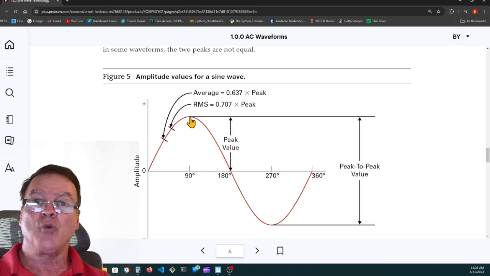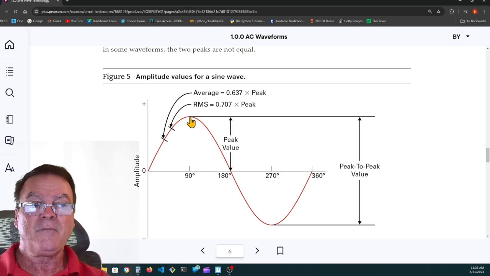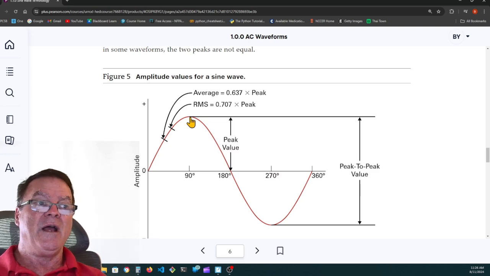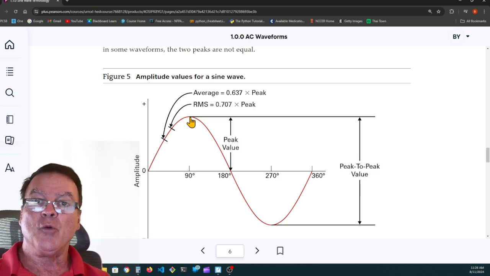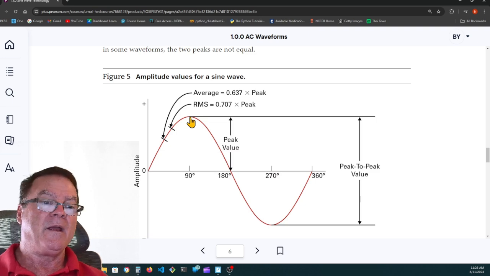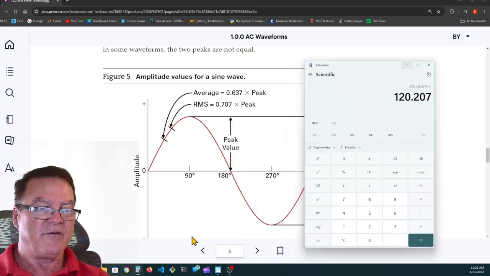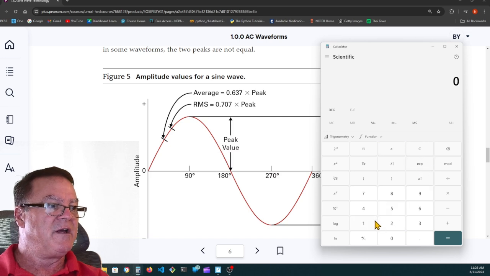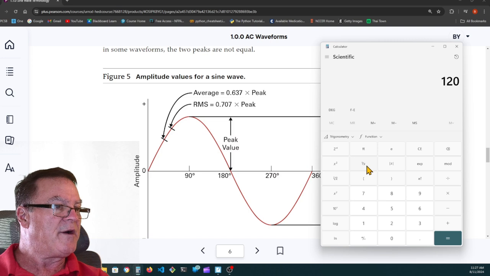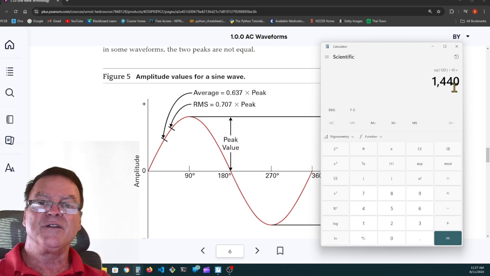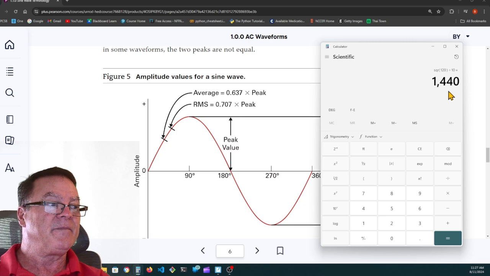If I had 120 volts DC and I put it through a 10 ohm resistor, well, now I've hurt myself because now I need my calculator. So it would be 120 squared divided by 10 ohms. I would get 1,440 watts of power out of that circuit.